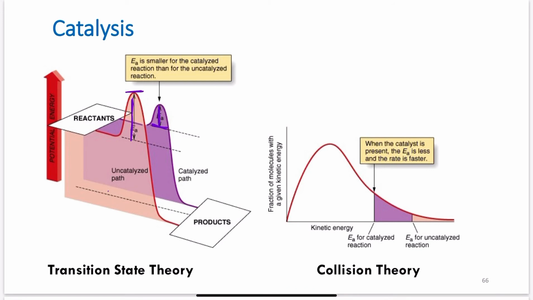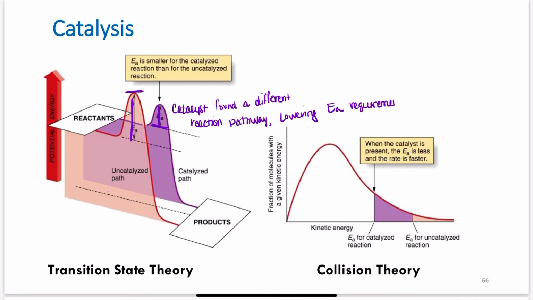The activation energy is smaller for the catalyzed reaction than for uncatalyzed, because the catalyst found a different reaction pathway to follow. Lowering your activation energy requirement, which allows the reaction to be more successful. When the catalyst is present, the activation energy is less, the rate is then faster. More collisions are going to occur, the reaction is going to be more successful.